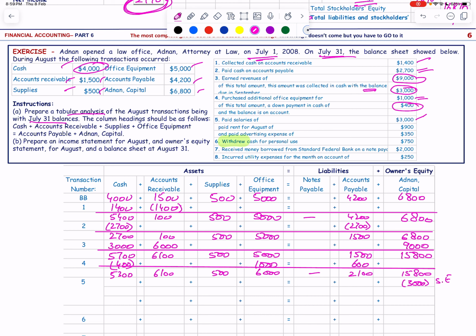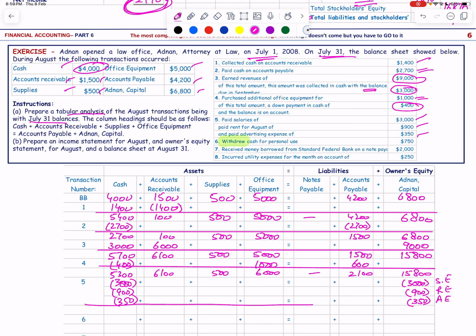Then we have paid salaries of 3,000, salaries expense. We have paid rent of 900, rent expense, and paid advertising expense 350, advertising expense. When we pay, it is minus, cash will decrease by 3,000, 900 will decrease, and 350 will also decrease.